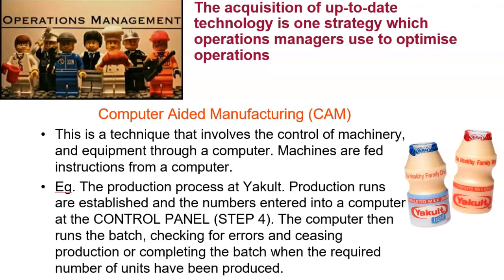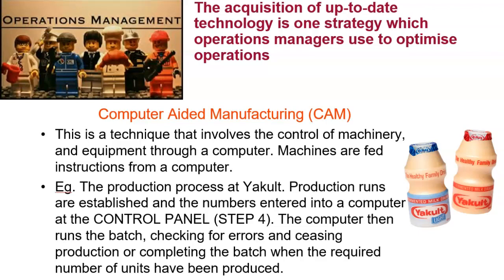So for example, in the production line process at Yakult, production runs are established, the numbers entered into a computer at the control panel, step 4. So if you have a look through the Yakult case study that I gave you, have a look how their operation system runs. You'll see step 4, there's a control panel. That's computer-aided manufacturing.